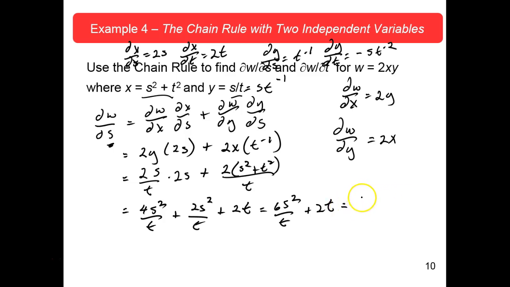Put it all over least common denominator, 6s squared plus 2t squared over t. That's exactly what we got in the first part of example 4.